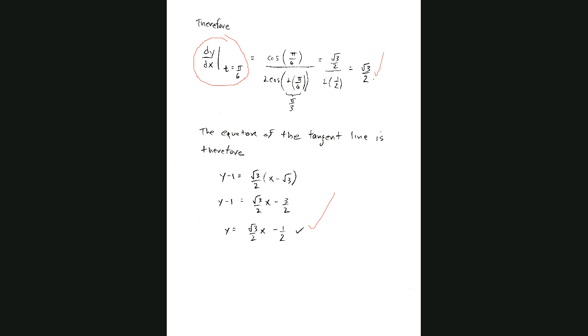All right, so we get the equation of the tangent line as y equals the square root of 3 over 2 times x minus a half. So the slope of our tangent line is positive.